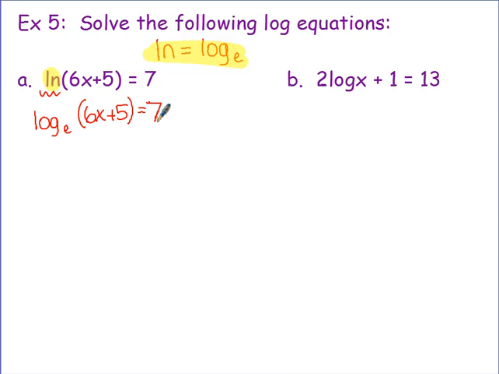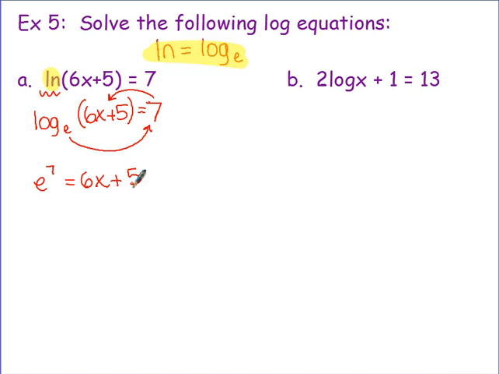The reason I did that is because now I have a base to start my circle. So my circle is going to start at E, go over to 7, come back to the parentheses. So E to the power of 7 equals 6x plus 5.